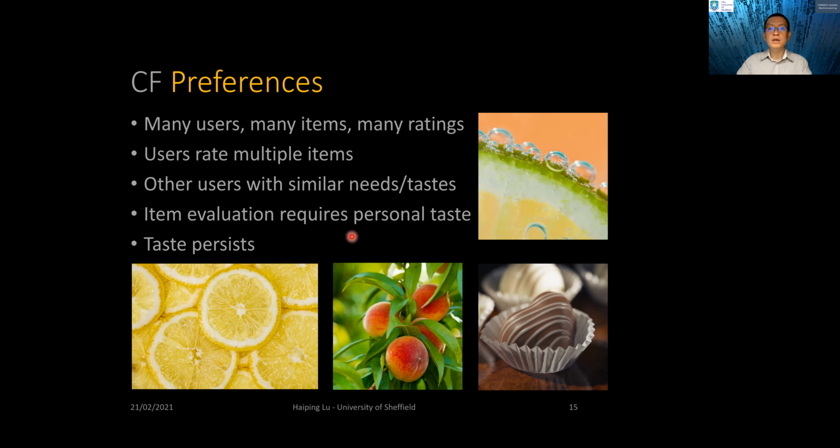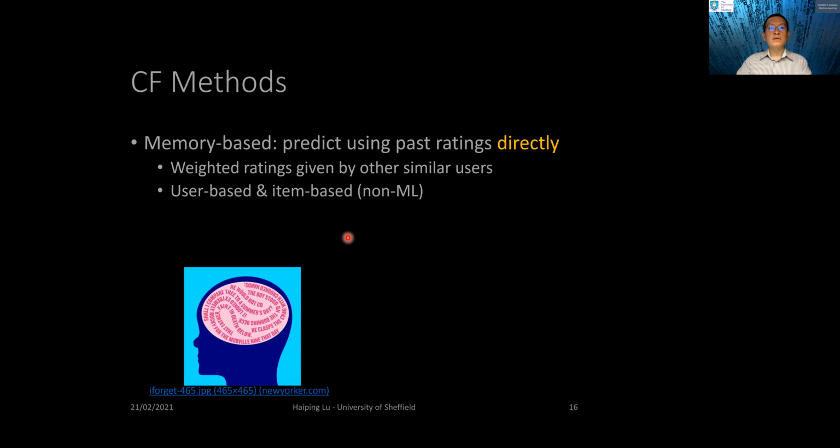It may not be perfectly satisfied in the real world, but these will be the cases where collaborative filtering will work the best. And in terms of the methods for collaborative filtering, there are 2 major approaches. The first one is the memory-based approach. It will basically predict the ratings using past ratings directly.